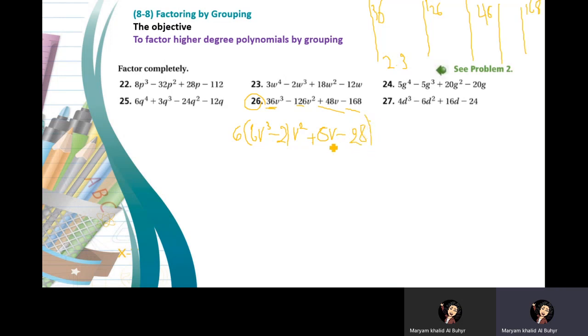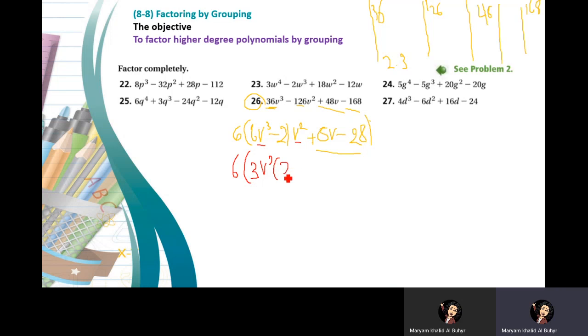You will notice that here you can factor it. So we have 6 times, what is the common between them here? We can see the common between them is 3, right? So for the numbers, we can see 3v to the power 2, open your parentheses.